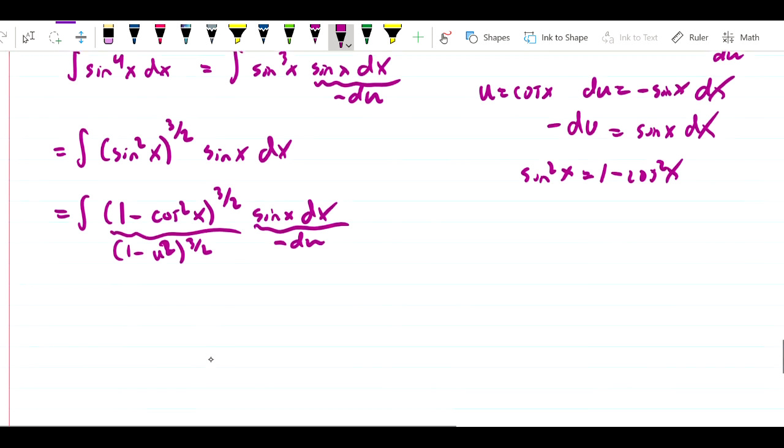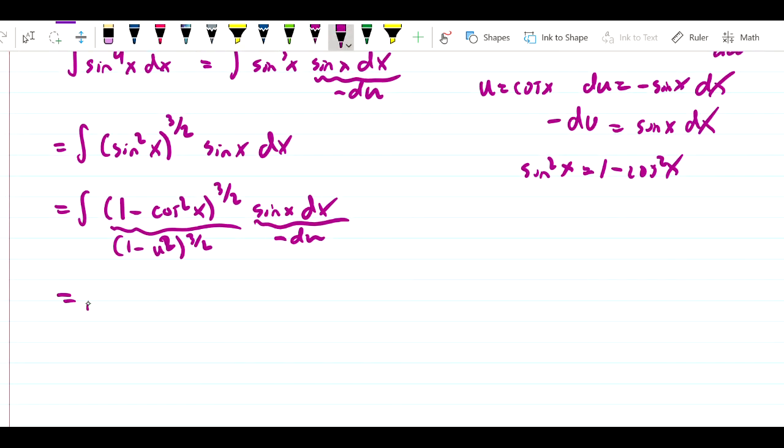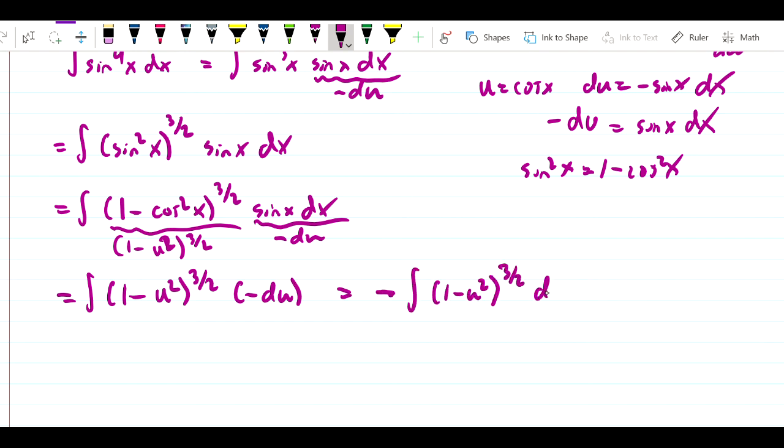So let's suppose that I had actually done that. Let's suppose that I now had this integral of 1 minus u squared to the 3 halves times negative du, which I can then even rewrite this way: 1 minus u squared to the 3 halves du.